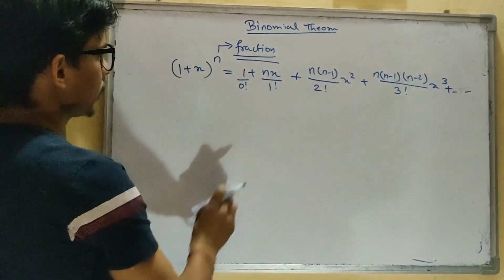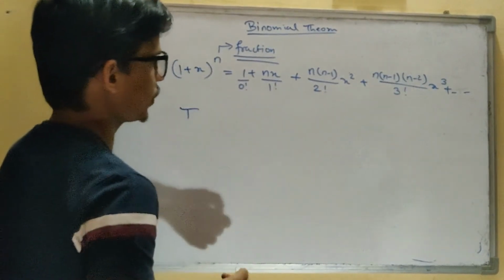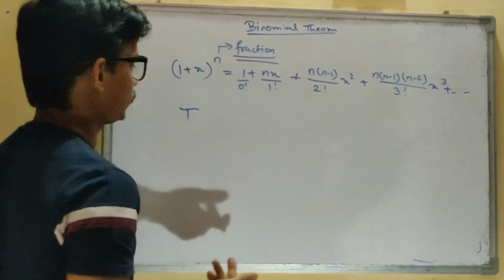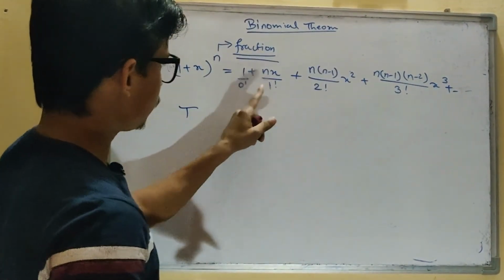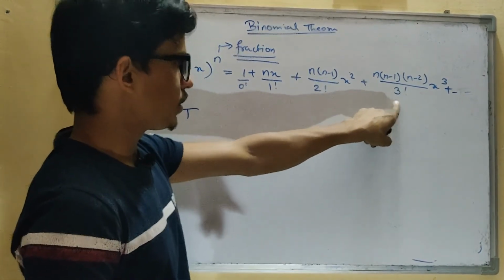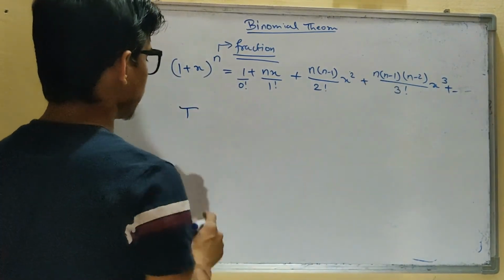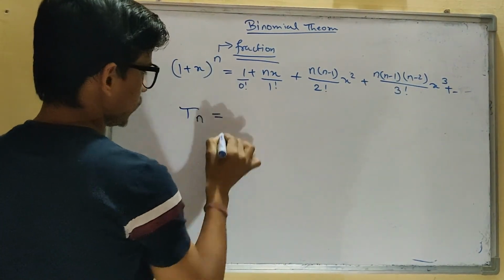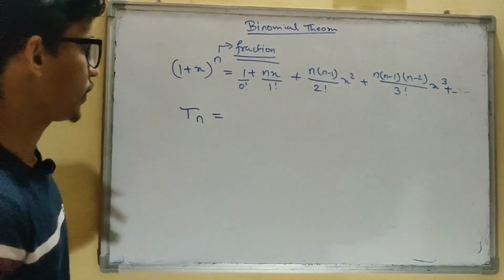So I'm just writing its rth term. What will be its nth term? If it is the fourth term, then the factorial is of 3. So I'm writing the nth term as tn, not meaning t(r + 1).